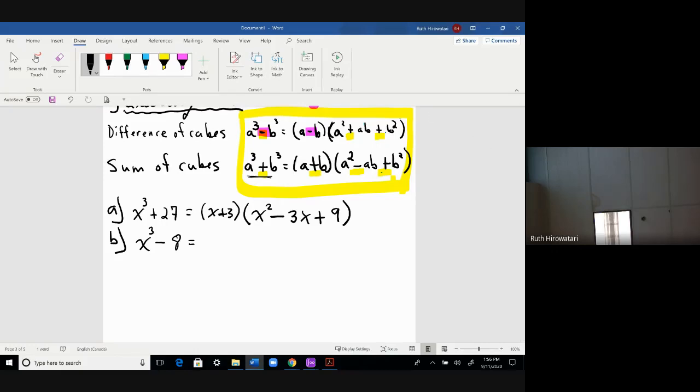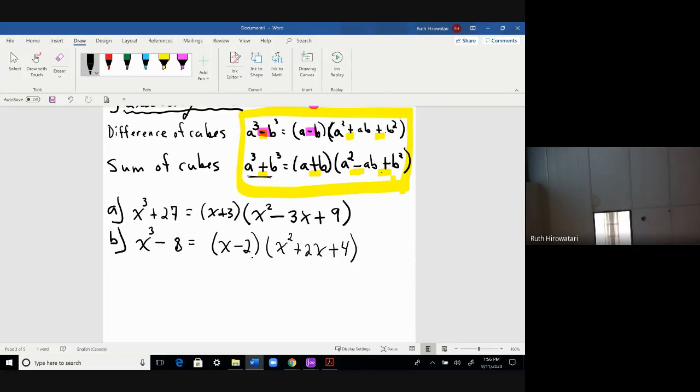Just following the pattern then, are you getting this? Same sign, x minus... oops, by which I meant to say x minus 2, then x squared, opposite sign, plus 2x, then plus 4.